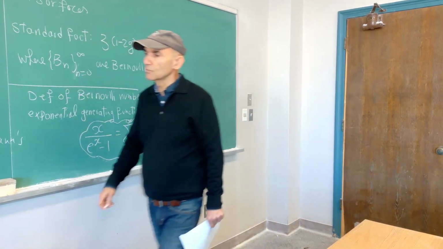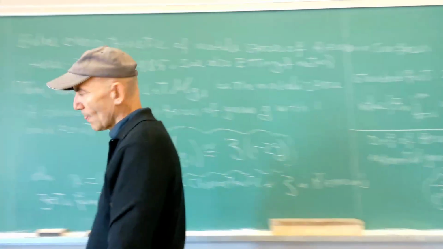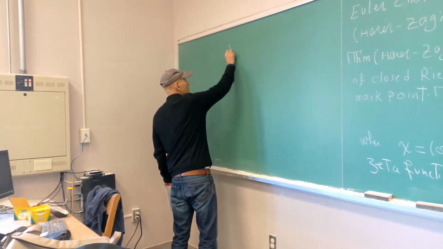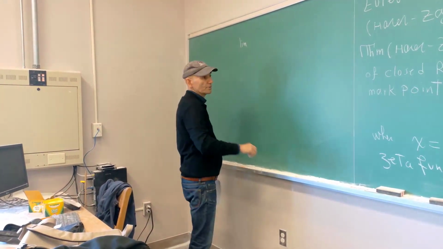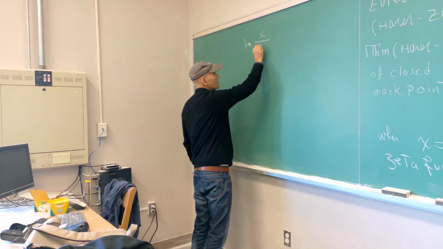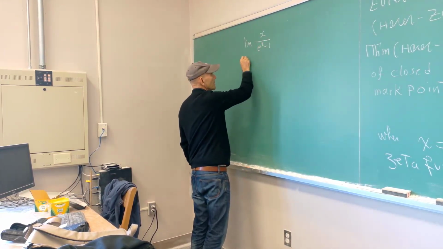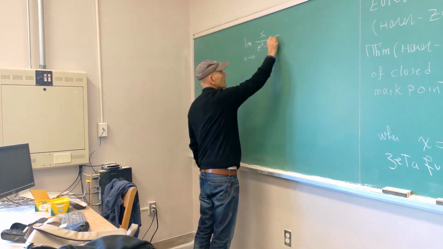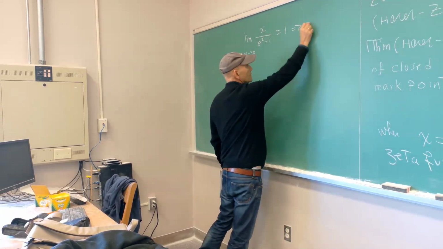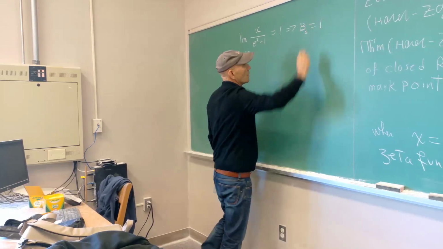So B_0 is equal to 1. The limit of x over e to the x minus 1 as x goes to 0 is equal to 1. This implies that B_0 is equal to 1.